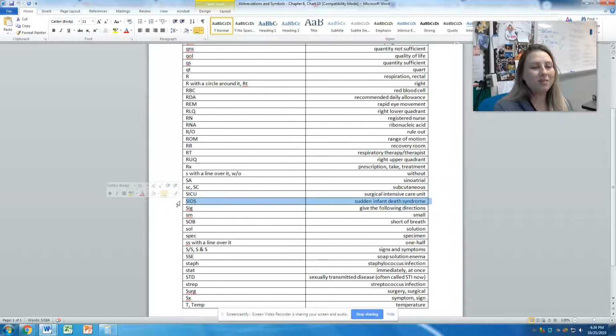SIDS, this is sudden infant death syndrome. I will be posting a video on this. This, unfortunately, is the cause of the majority of infant deaths in the United States. Generally, it's because parents get lazy or they're not educated. Ultimately, the child does what a baby is going to do, and the parents don't pay attention close enough. Or they don't remove the objects that they can suffocate themselves with, right?